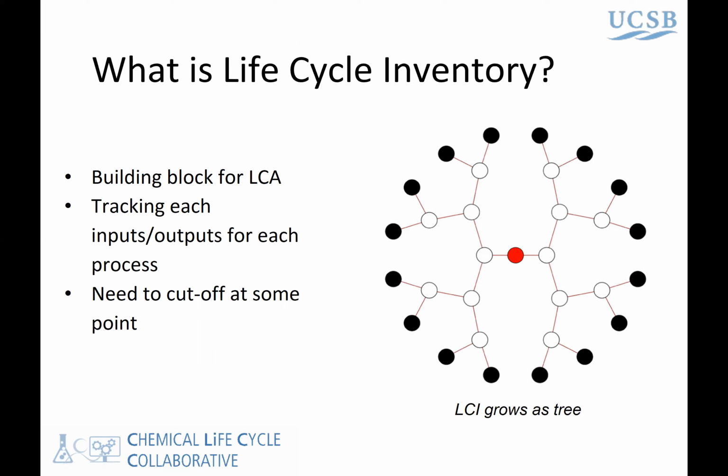So we could cut them off from the tree and stop growing from there, because the quantity of the nodes on the edge of the tree could be very small, and they might contribute very little to the final life cycle impact assessment. In our database, the nodes on the edge would be the basic building block chemicals like chlorine, methane, and ethanol, which are used very commonly. And we will show an example later.